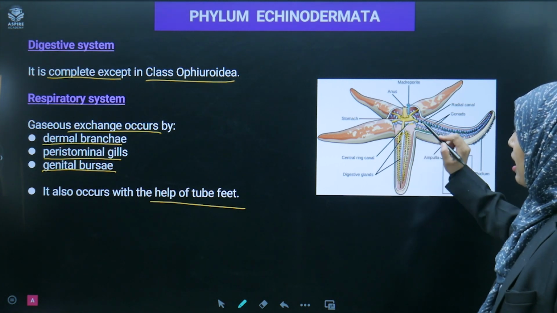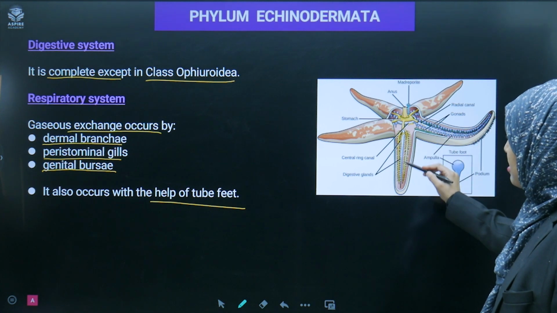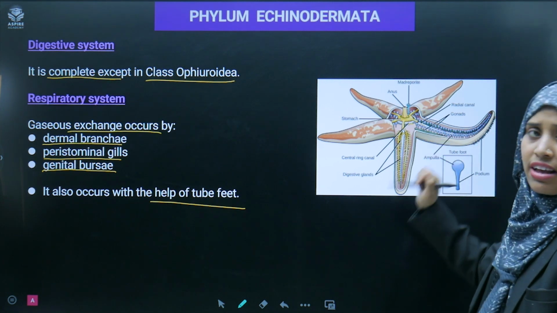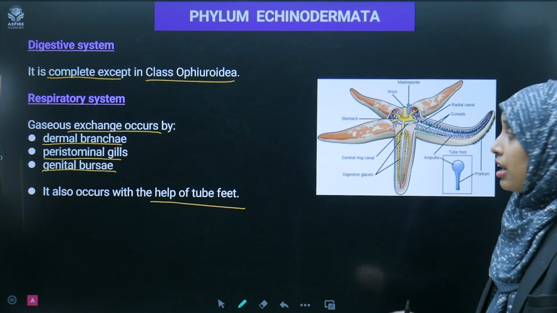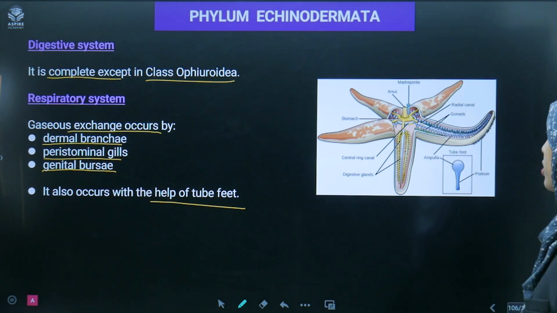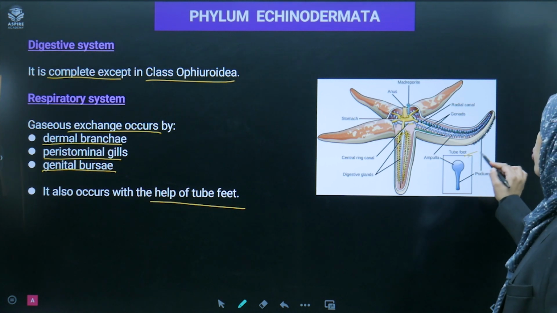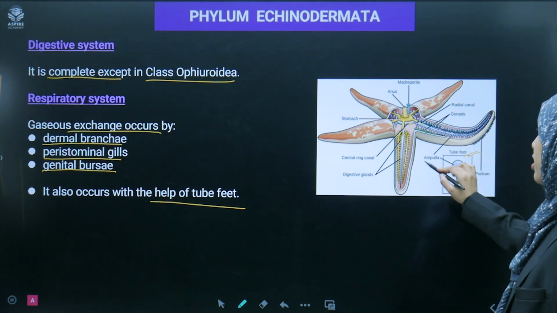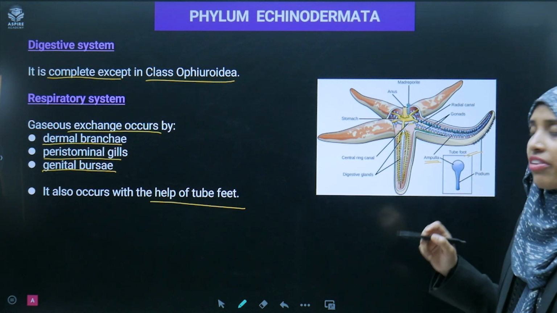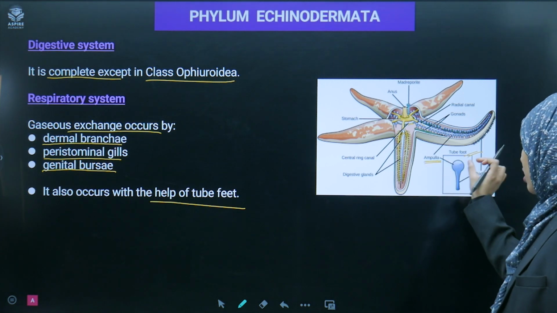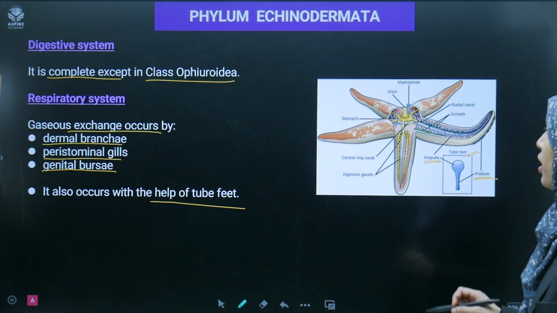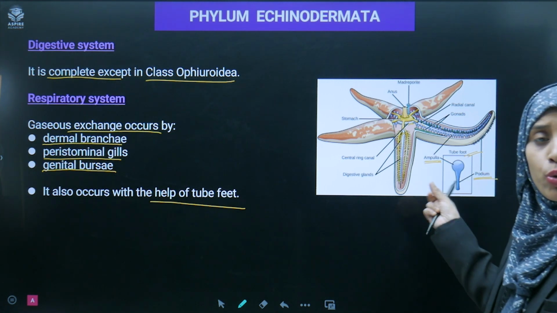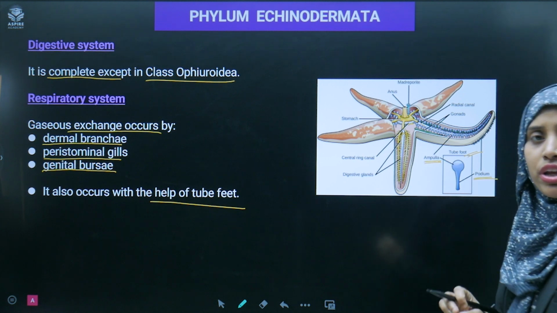Then the whole digestive system is there, the stomach. You will see the formation of tube feet here. In the tube foot, this lobe-like round circular structure is known as the ampulla, and the stalk part is known as the podium. So the ampulla and podium form the tube feet.